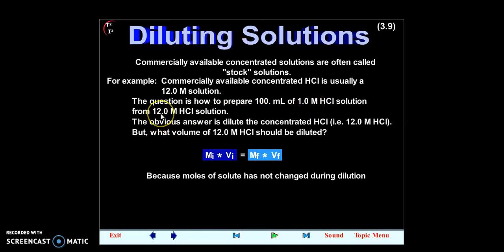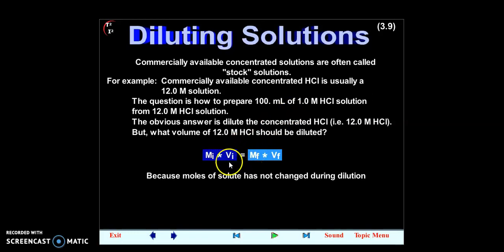But your initial molarity, the starting molarity of the solution that you want to dilute, is 12 molar. So this is your initial molarity. Initial volume is what we are looking for. Because you are going to prepare 100 ml, that is your final volume, and this is your final molarity. So it makes our work easier.